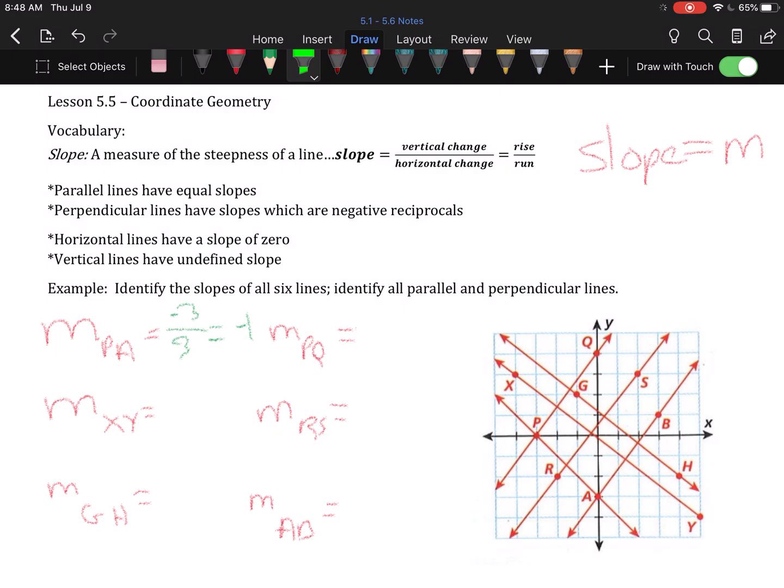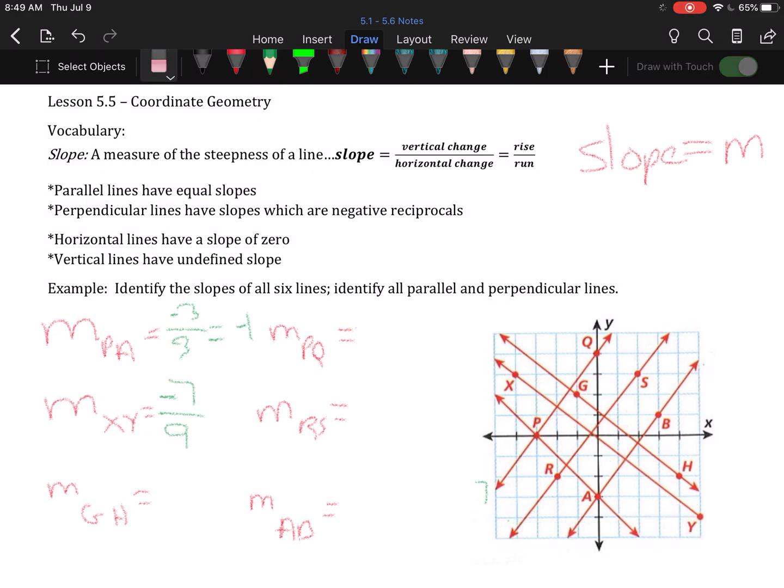Line XY is this long boy. So to get from X to Y, I have to start by going down 1, 2, 3, 4, 5, 6, 7. So down 7. Then we turn and go to the right. 1, 2, 3, 4, 5, 6, 7, 8, 9. -7 over 9.